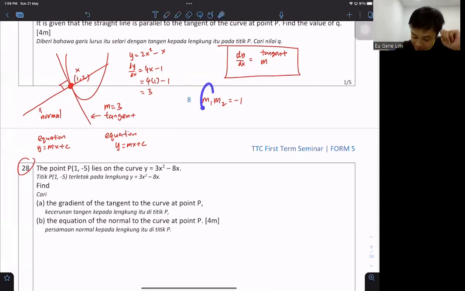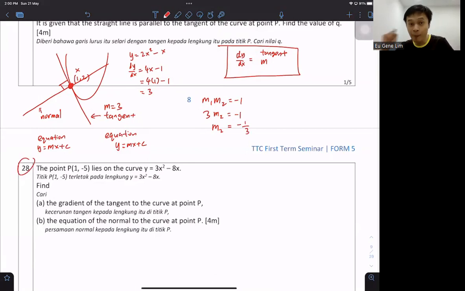M1 is 3, because just now I said already, tangent is number 1, normal is number 2. So m1 is the tangent gradient. Times, bring over, divide. So m2 is negative 1 over 3.